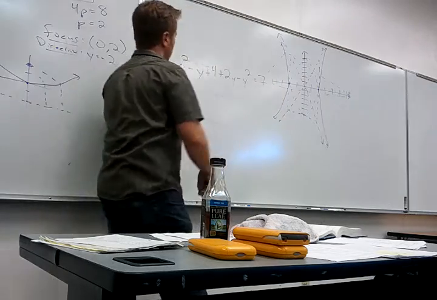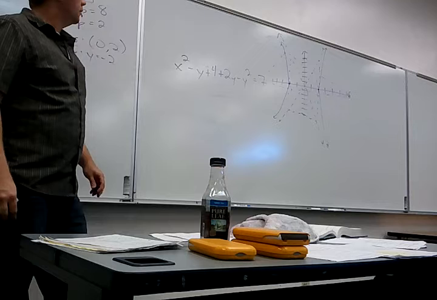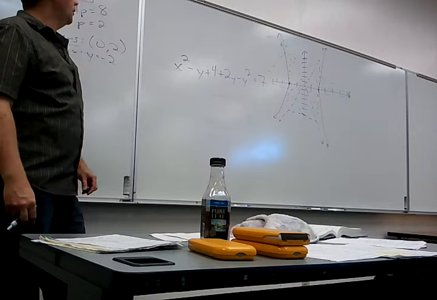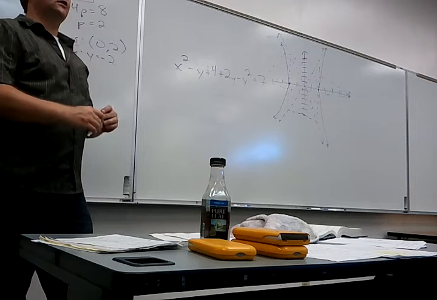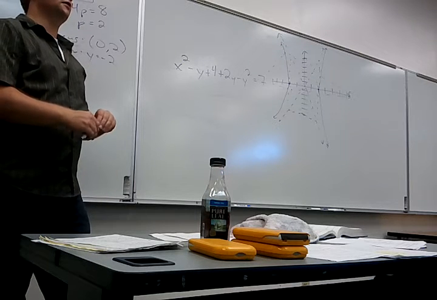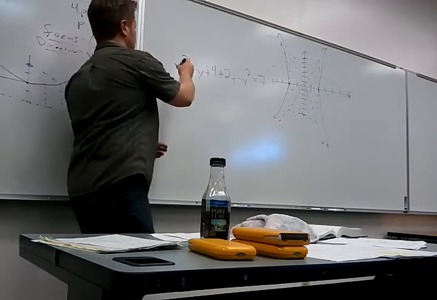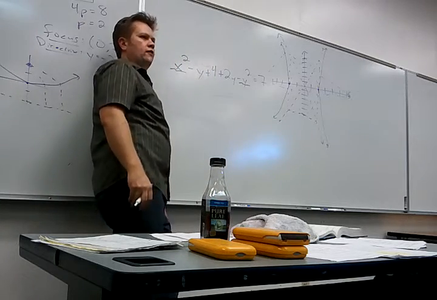all right. So that is so not in standard form, but can somebody tell me, is that a parabola? Is that an ellipse? Is that a circle? Is that a hyperbola? The main thing to realize is the x squared and the y squared are different signs. So that would have to be a hyperbola.